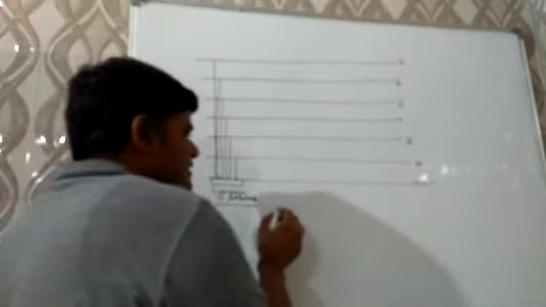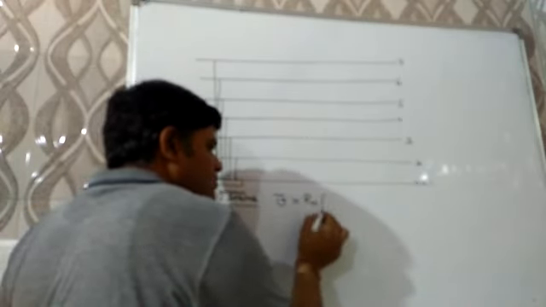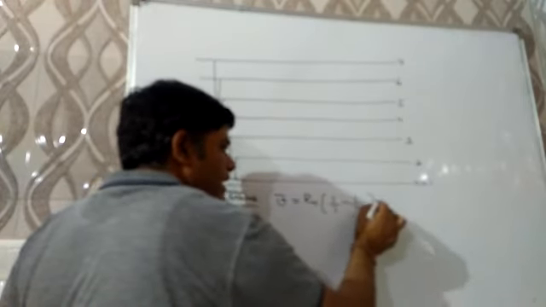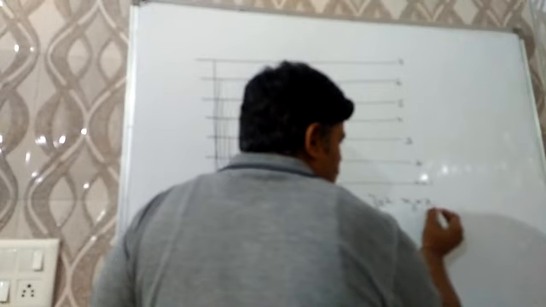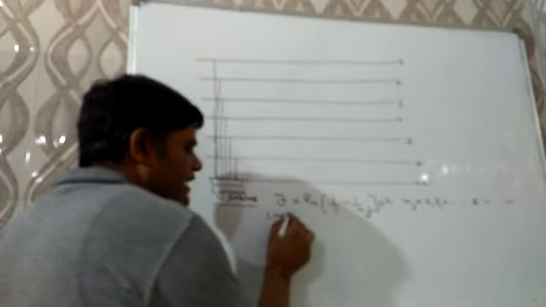For this, the Rydberg formula will be nu bar is equal to RH into 1 by 1 minus 1 by n2 square into Z square, where n2 can be 2, 3, 4, 5 and so on. Now, a question may be there for the limiting line: what are n1 and n2?